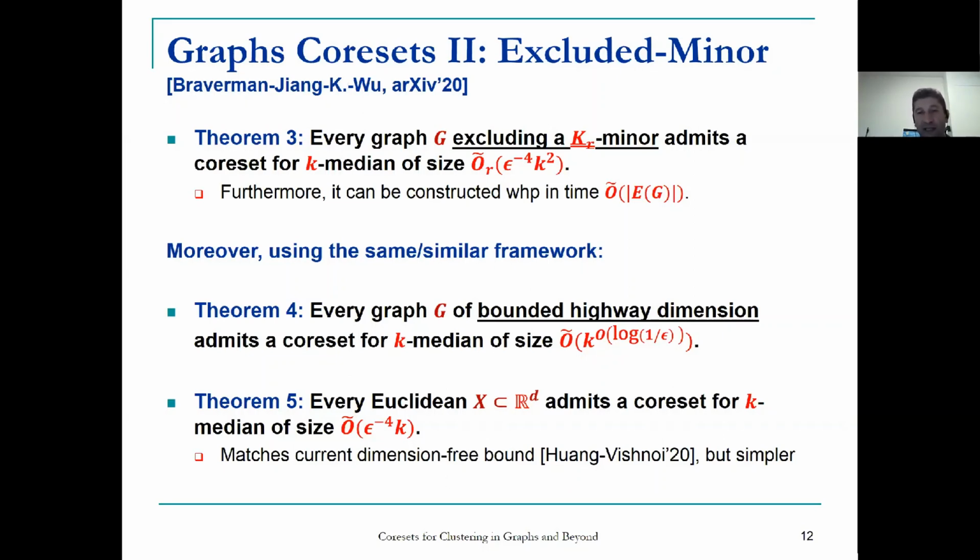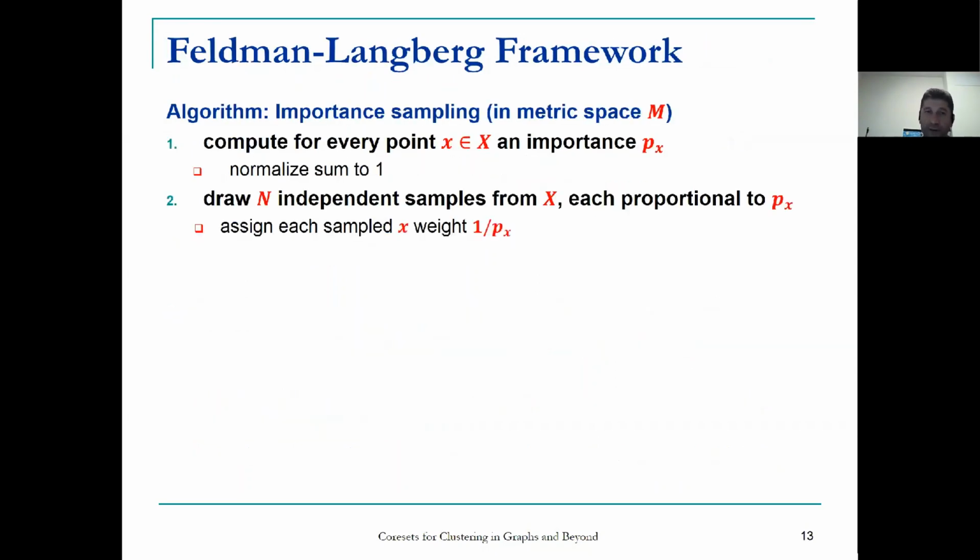And somehow we got almost for free the best currently known solution for Euclidean metrics. It's not known to be optimal because of this epsilon to the -4. We don't know whether it's optimal, and presumably it's not, but this matches the best result known with very little effort.